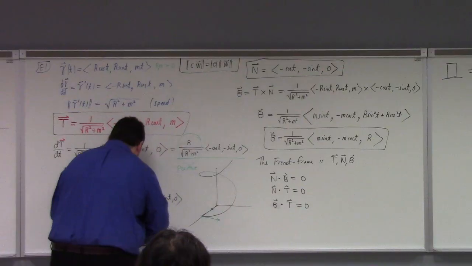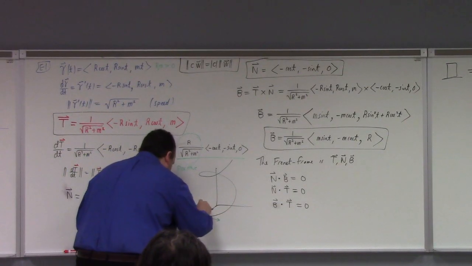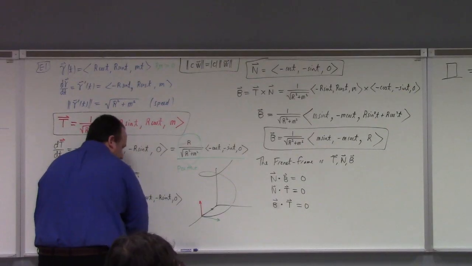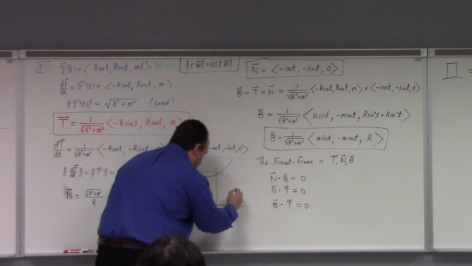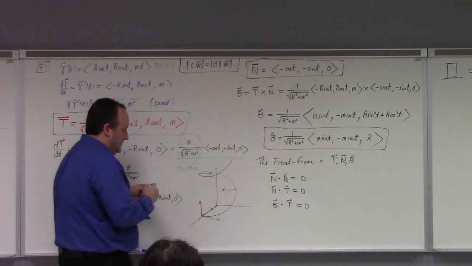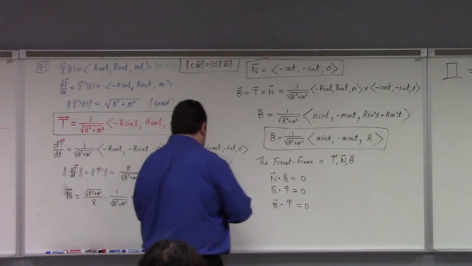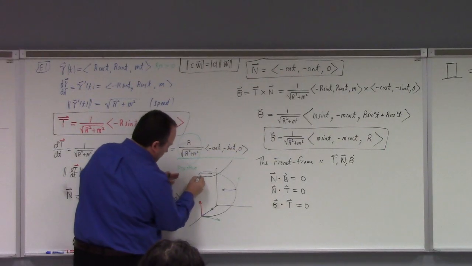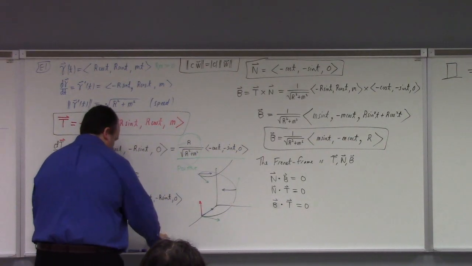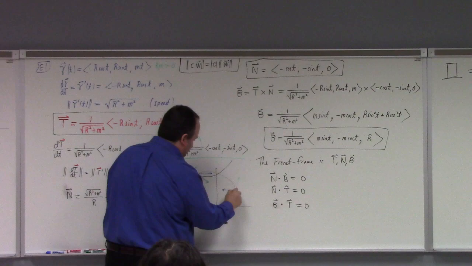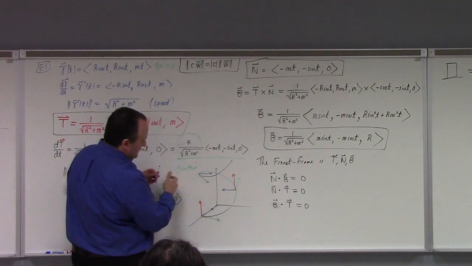B points like this. We get over here, B still points, let's see here, N. So this is the interesting thing. The N is always pointing just towards the z-axis, basically. There's my N's, right? And the unit tangent is sort of into the board. This one's coming out at you, right? And the binormal, T crossed into N, so I have a hard time drawing it, but something like this.